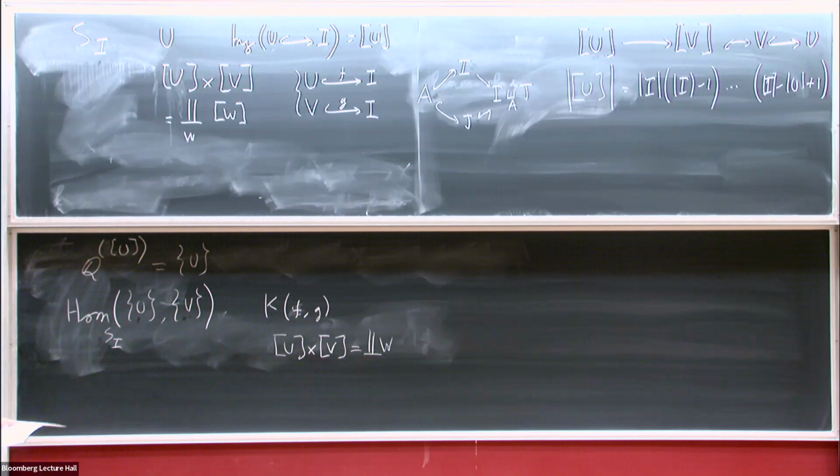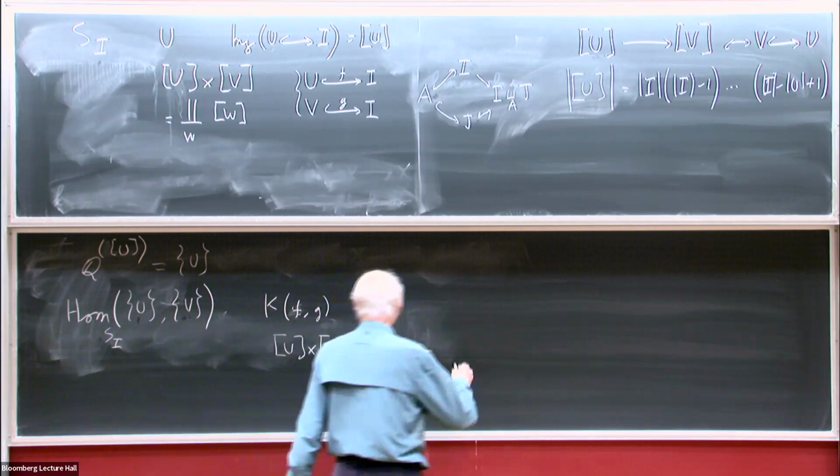You have a category, but I still need a composition. So what is it in that case?